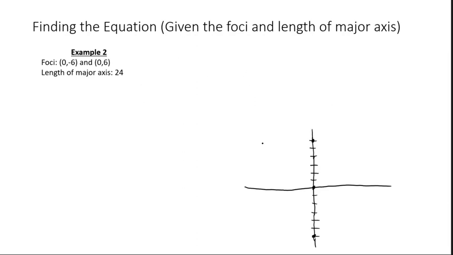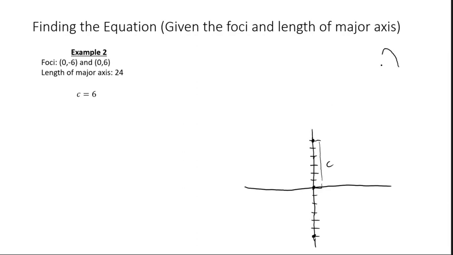So c is the distance from your center to a focus. That's going to be c. So c would be 6. That's the distance from the center up to the focus. Now the length of the major axis is 24. So we know that the major axis is going to be the entire length all the way across, and a is going to be halfway across.